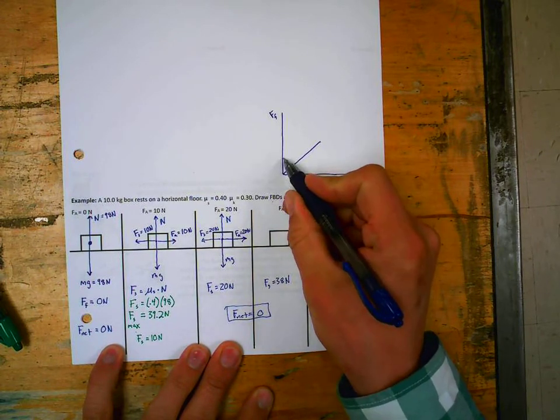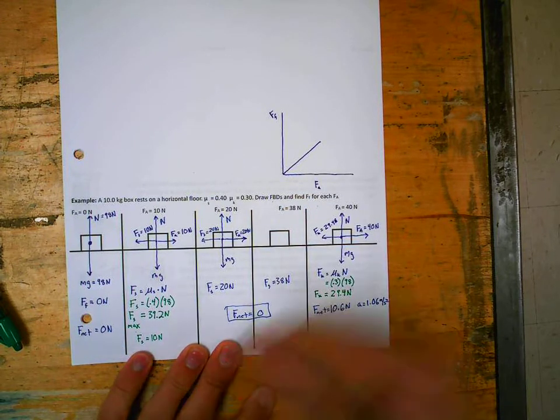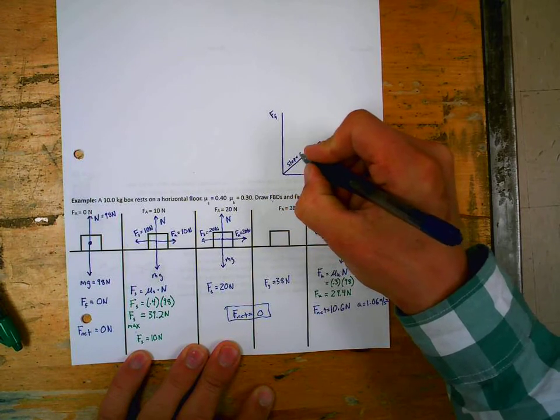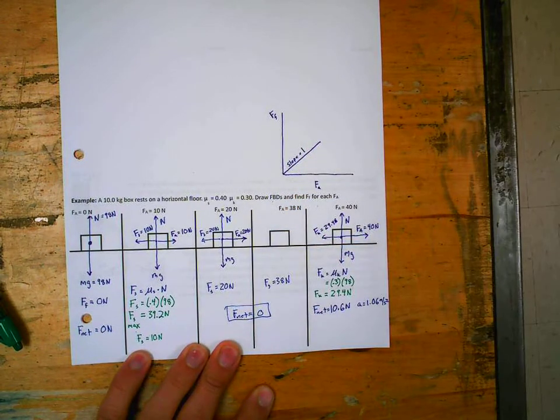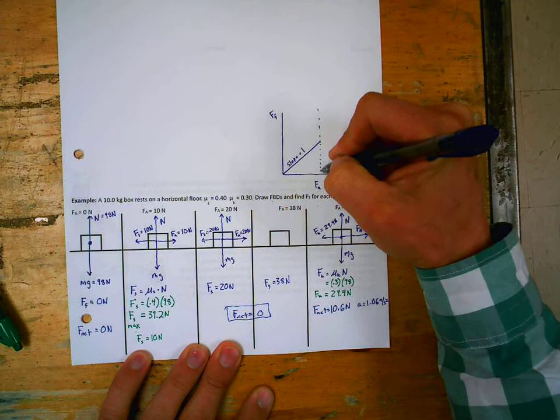2 newtons, 2 newtons. Okay, so what's the slope of that line? Yep. Slope equals 1. Okay, they match each other. Then we're going to get to this point where we break free of static friction.